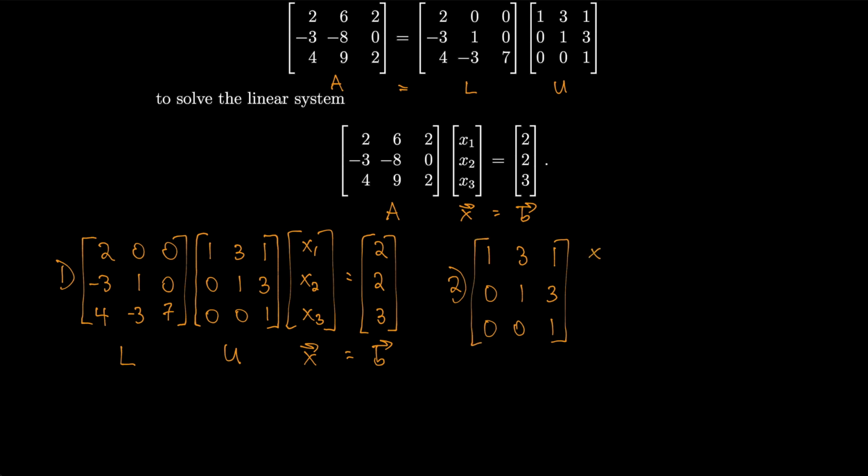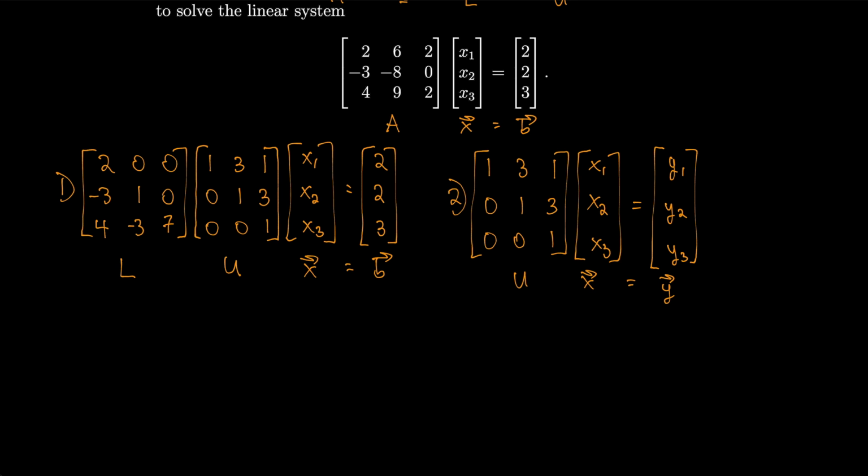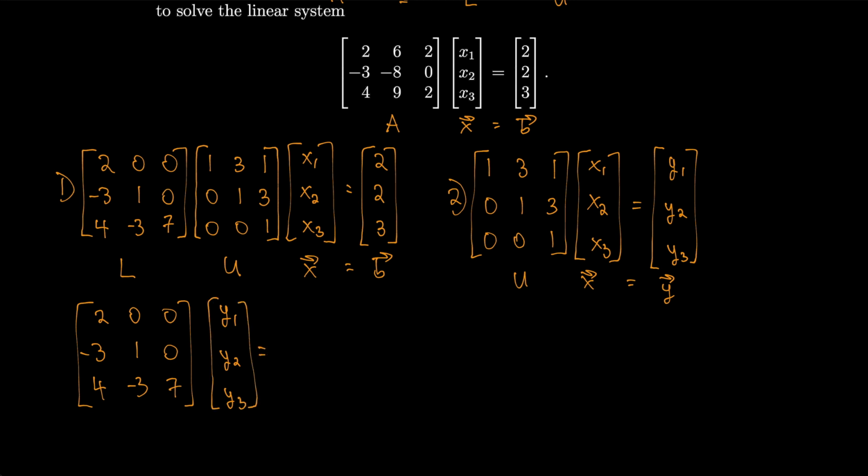We'll multiply that by X, and we'll set that equal to Y. So that's UX equals Y. So now let's solve LY equals B for Y. So for L, we have 2, 0, 0, minus 3, 1, 0, 4, minus 3, 7, and multiply that by Y, and set that equal to B.